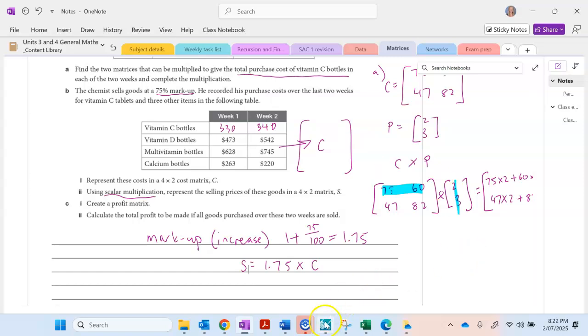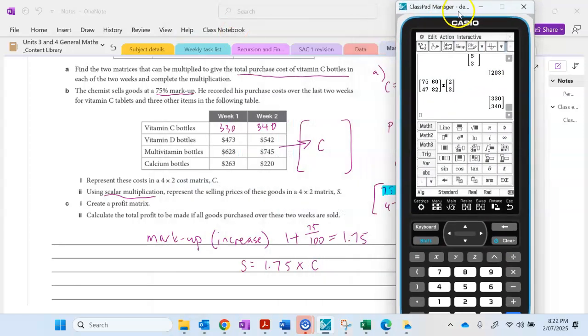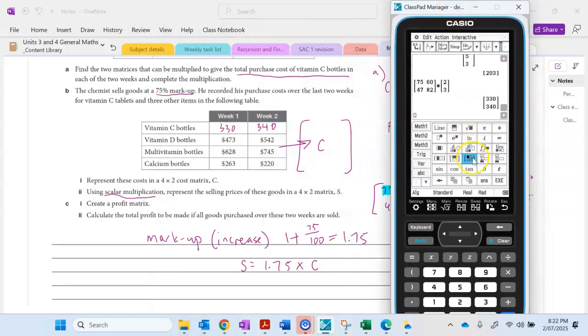So on our calculator, we can do that. So we're going to do a 4x2. All right, and that's our matrix.